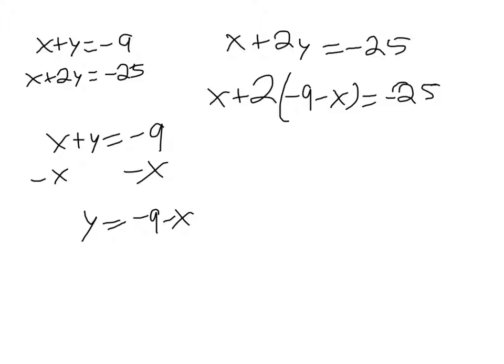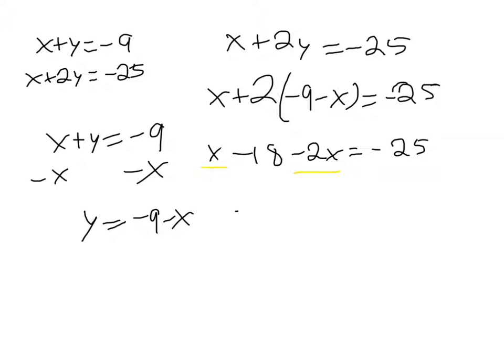So now let's just simplify and solve for x. So x plus distribute this 2, and so we end up getting x minus 18, and then 2 times negative x is negative 2x, and that equals negative 25. All right, let's combine like terms here. We have an x here, and we have a negative 2x right there.